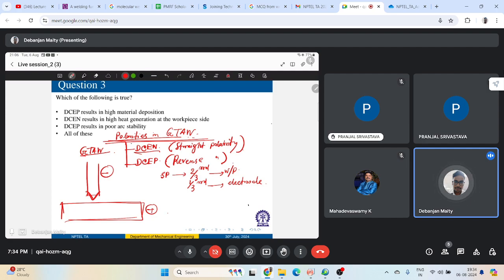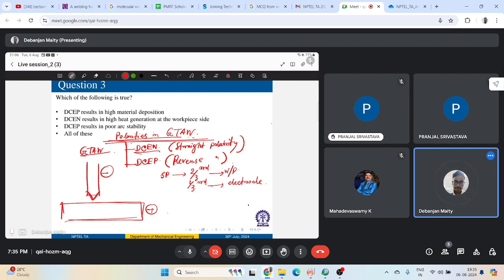So why is this called reverse polarity? Because the heating effect of the electrons is now at the tungsten electrode rather than at your workpiece. So what is the effect of reversing your polarity?